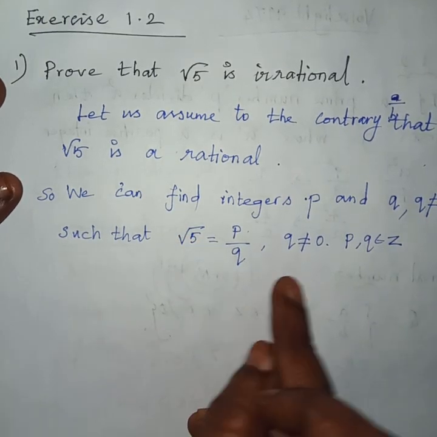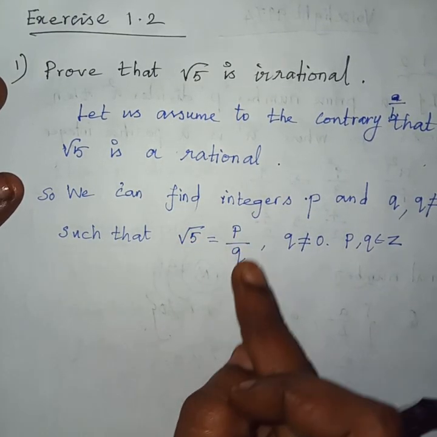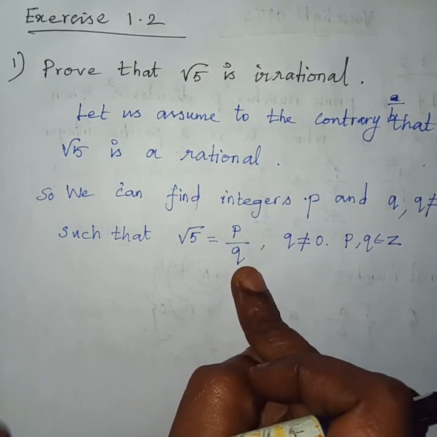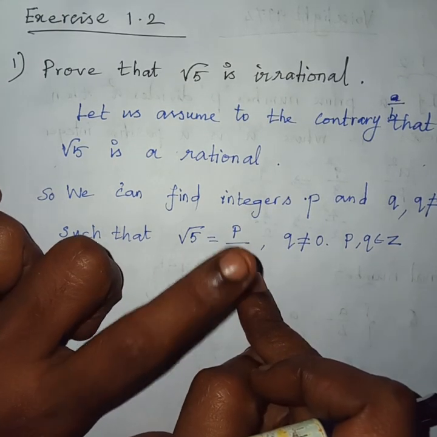Then, for some integers p and q we are writing p by q.